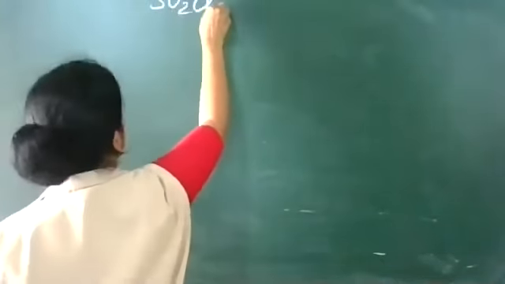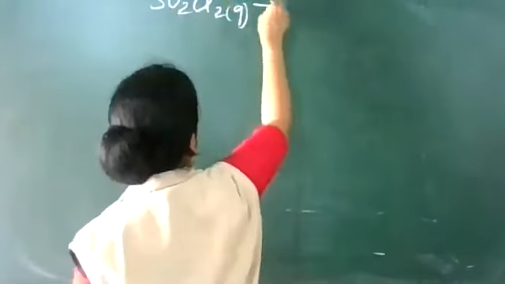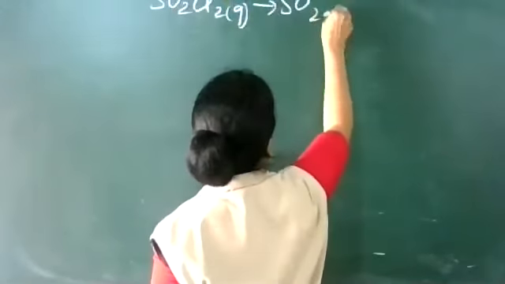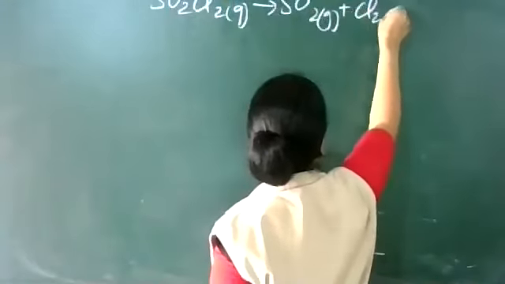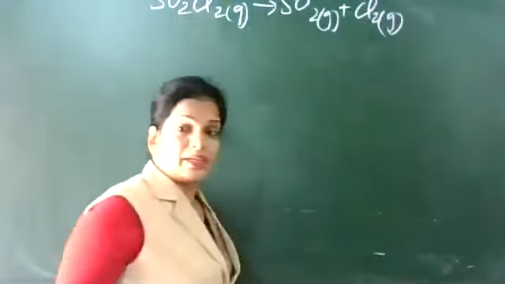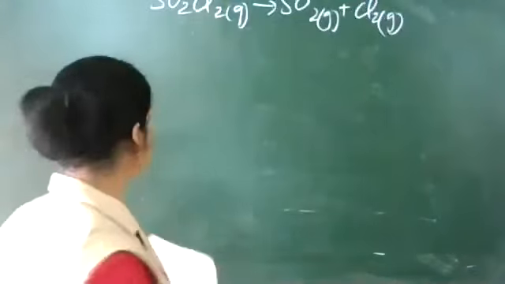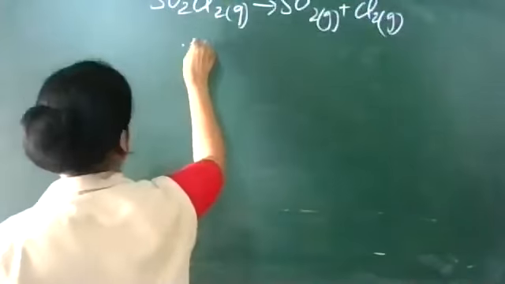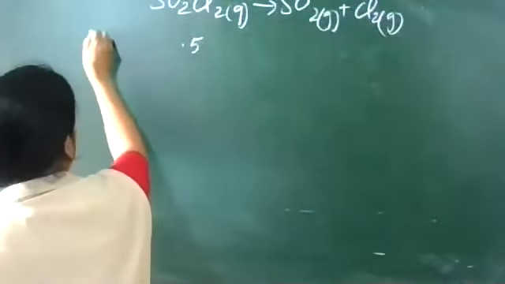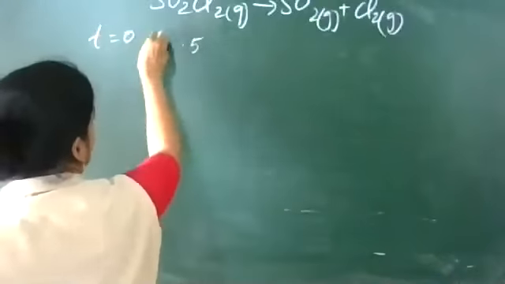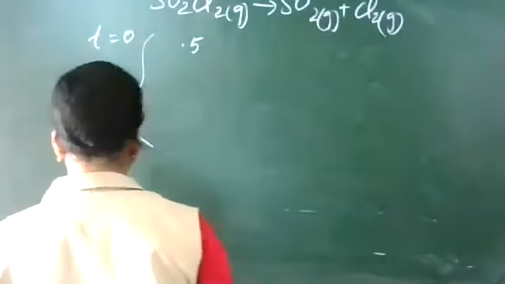SO2Cl2 gas gives SO2 gas plus Cl2 gas. The same thing we are applying for when Pt is equal to 0.65. Alright? So initially 0.5, and for the products it is 0, 0.